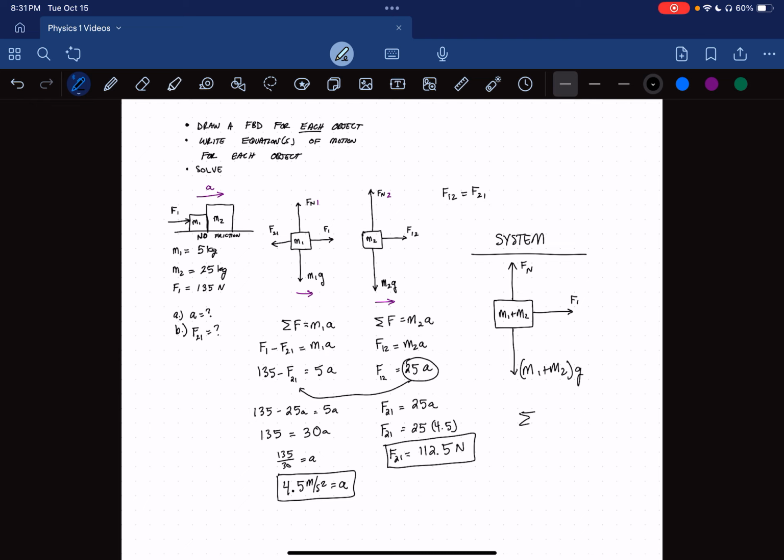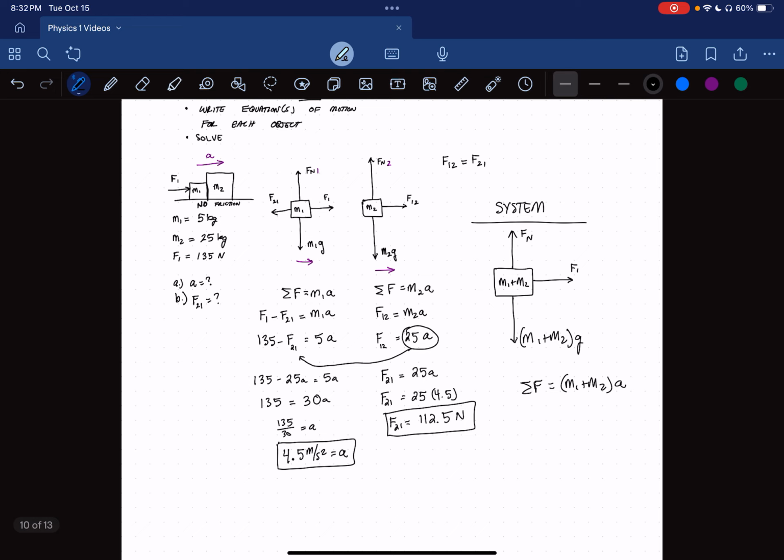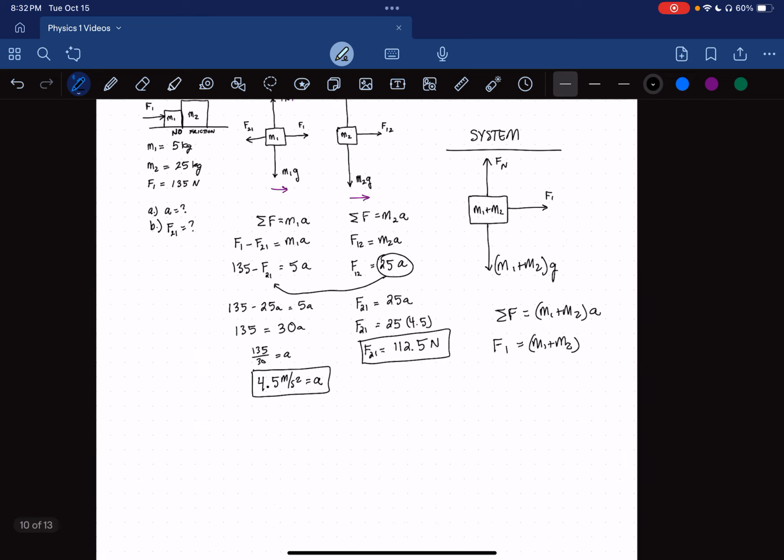And so let's write that again. The sum of all forces equals (m1 plus m2)a. And so we'll substitute that force F1 equals (m1 plus m2) times a.